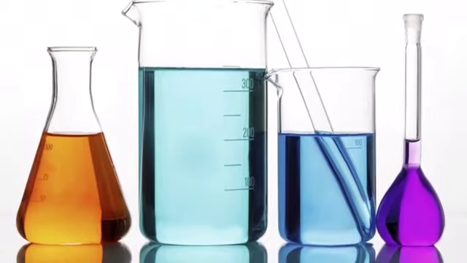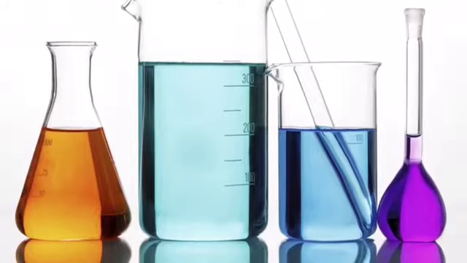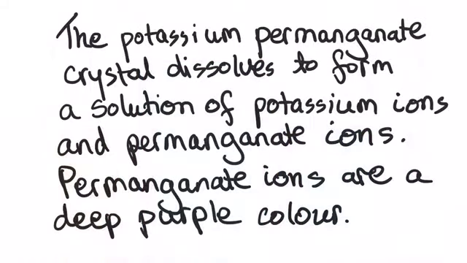Now let's think about an explanation at the scale of molecules and ions. The purple potassium permanganate crystal dissolves to form a solution of potassium ions and permanganate ions. Permanganate ions are a deep purple colour, so they are easily visible.